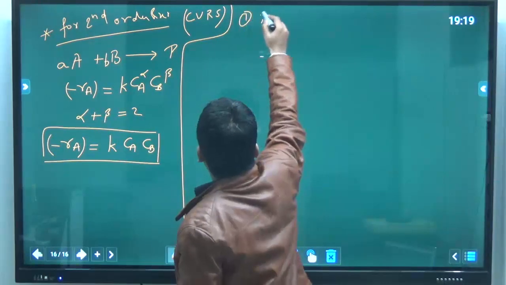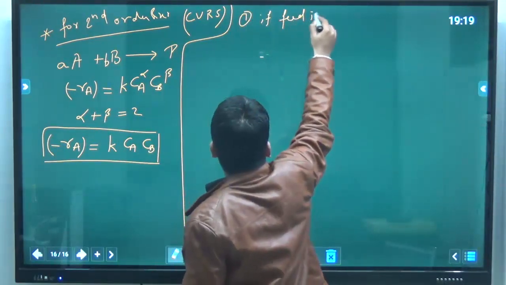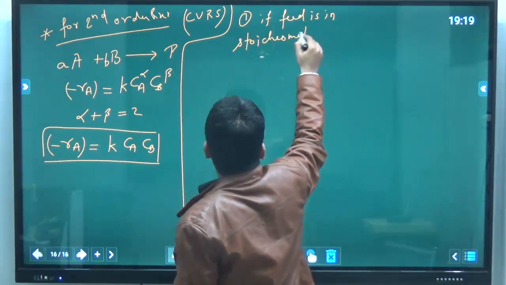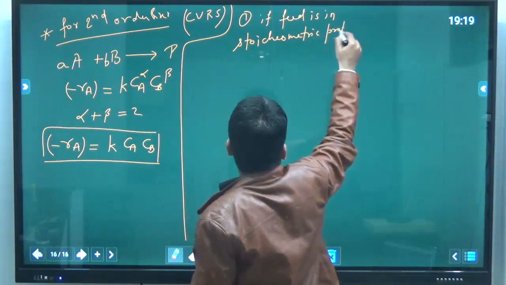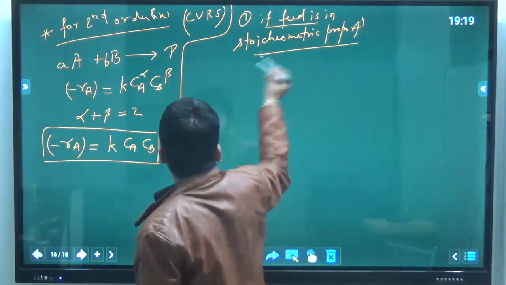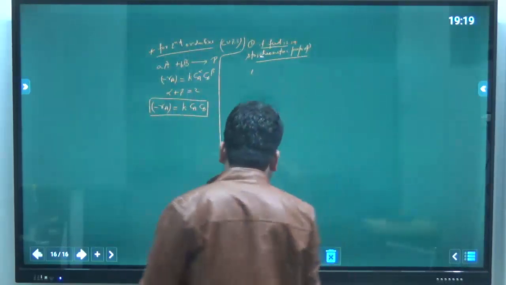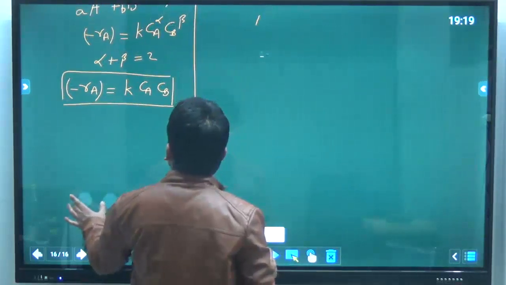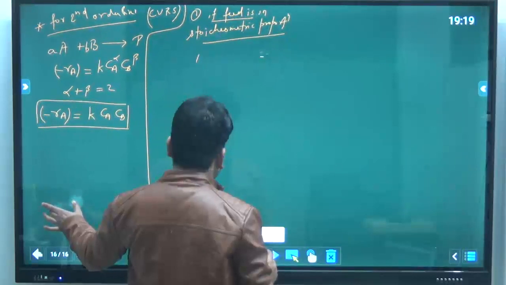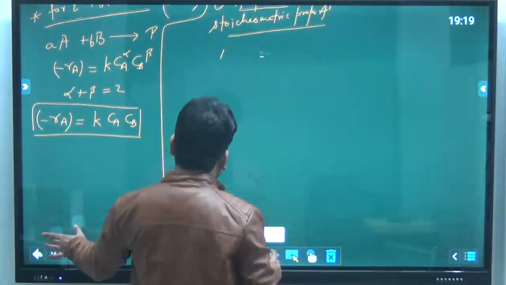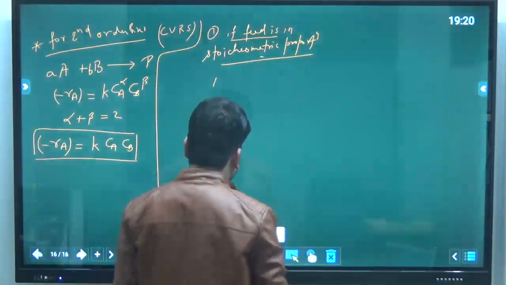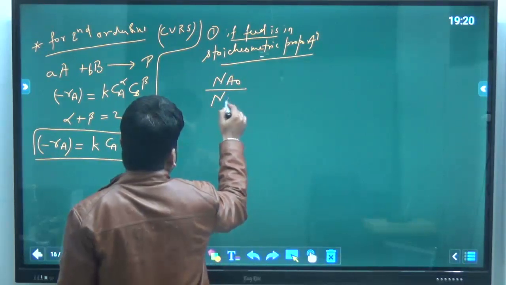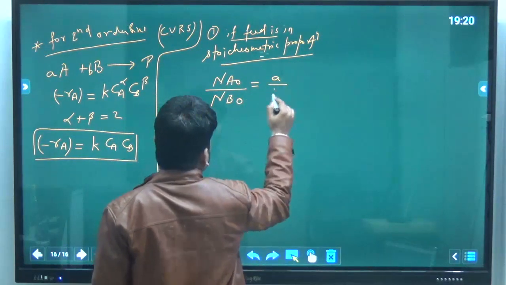First case, if the feed is in stoichiometric proportion, that means the initial molar ratio of A and B in the feed will be the same as their stoichiometric ratio.